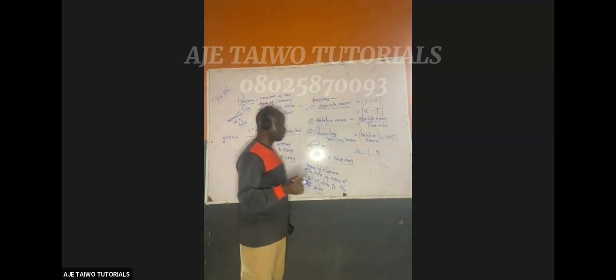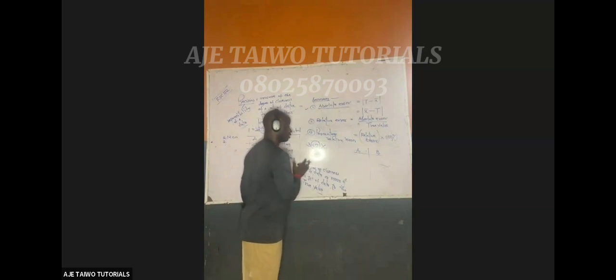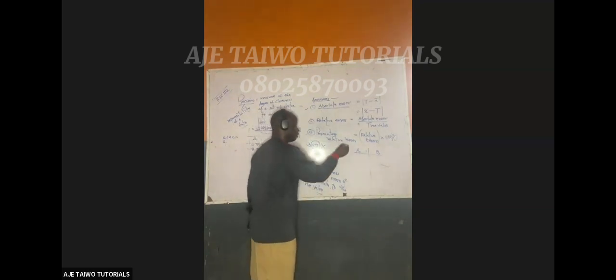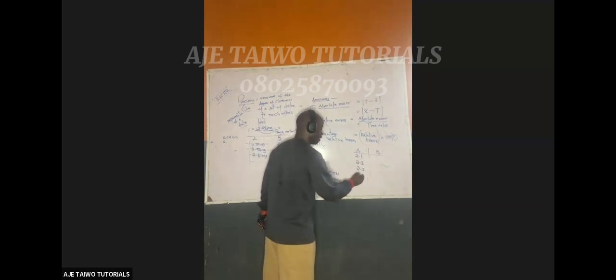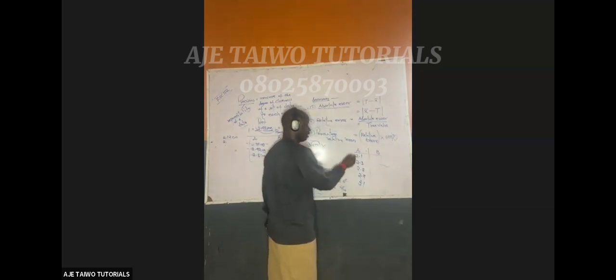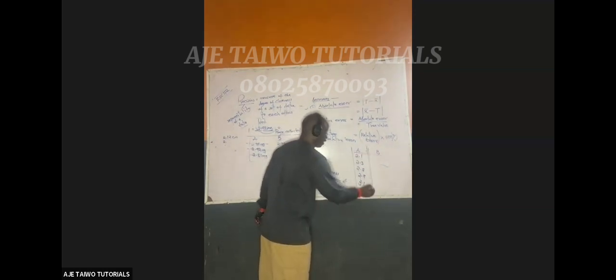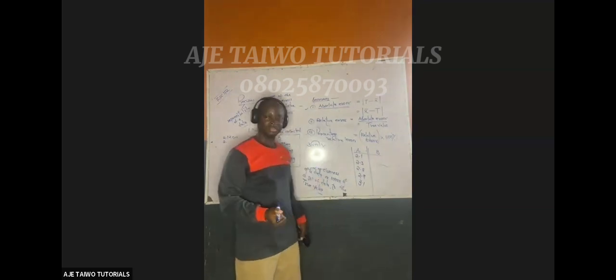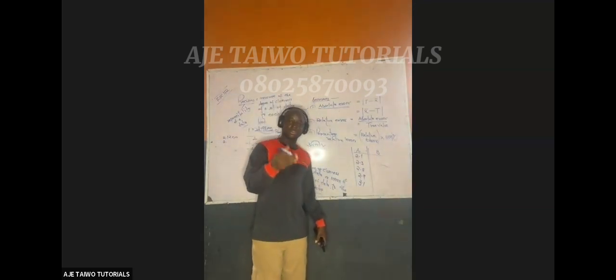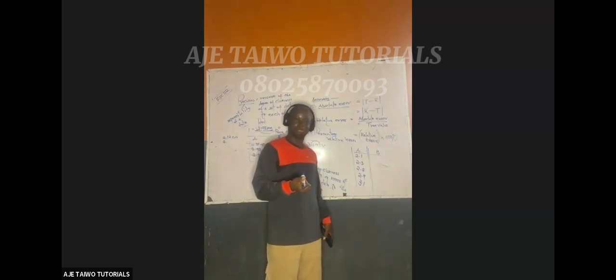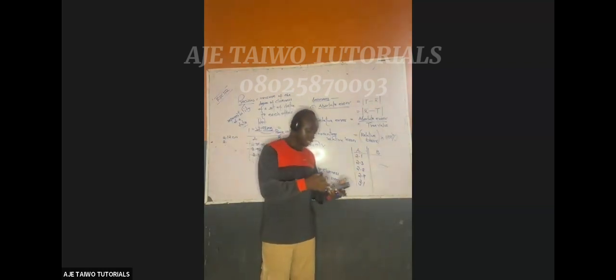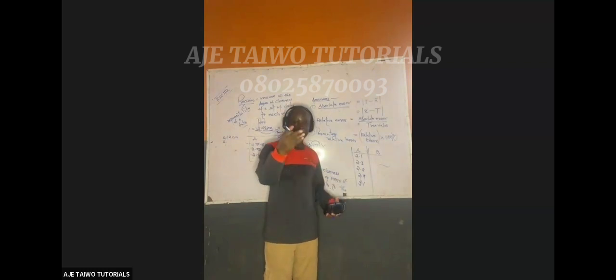Some of you want to manipulate readings. You want to copy your friend's reading. Your friend has gotten the following readings: 2.1, 2.3, 2.5, 2.9, 3.1. You don't want your readings to be the same, but you want to copy your friend.